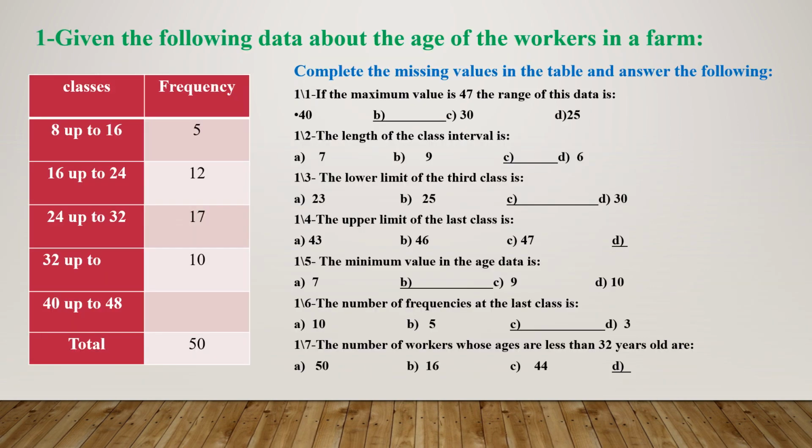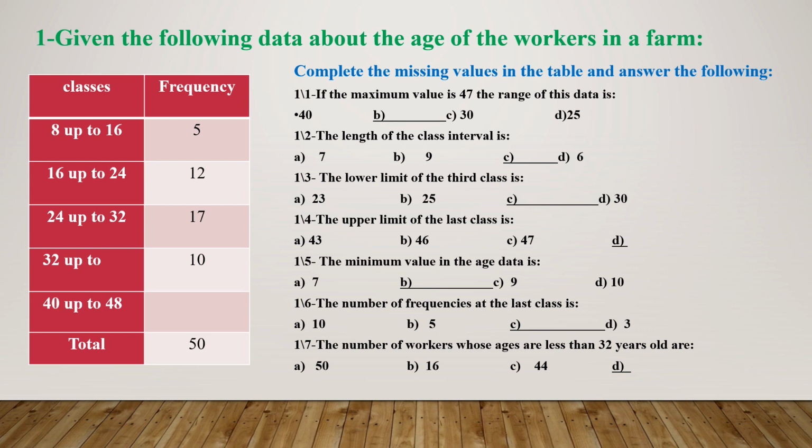Another example: given the following data about the age of the workers in a farm, complete the missing values in the data and answer the following. This is the frequency table for the age of some workers working on a farm.